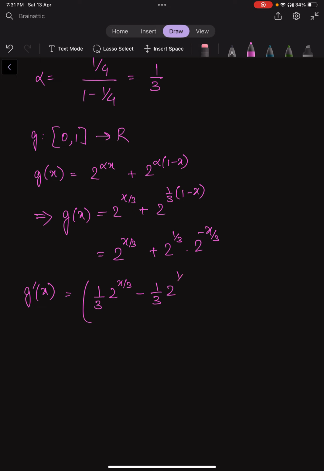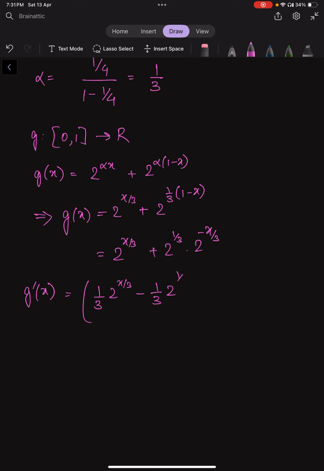Okay, so we have the derivative. Now we are going to put g dash of x equal to 0. So this implies that 1 by 3 2 power x by 3 minus 1 by 3 2 power 1 by 3 into 2 power minus x by 3 is equal to 0. Obviously log 2 gets absorbed in the 0.